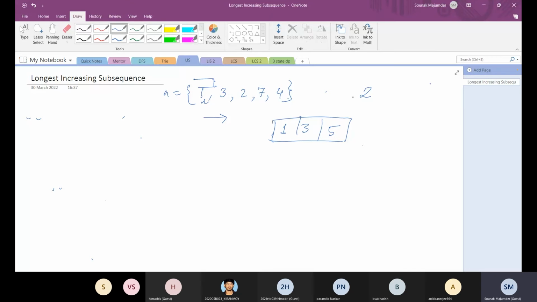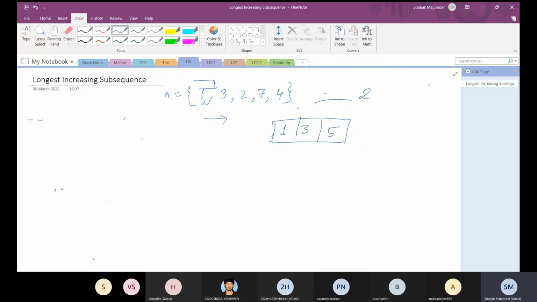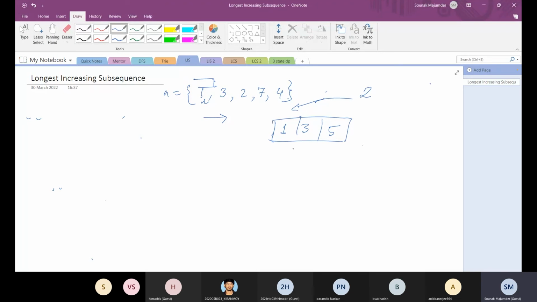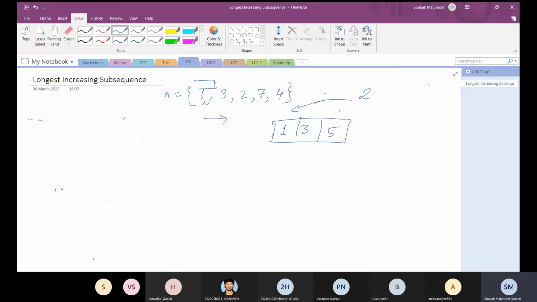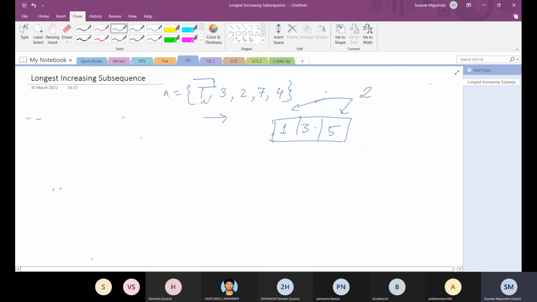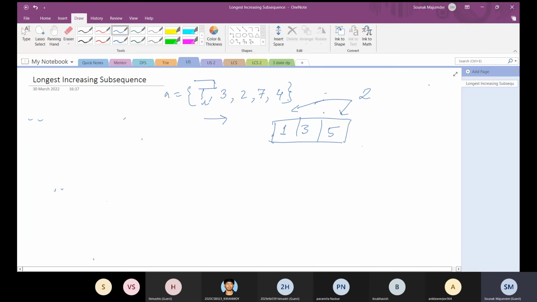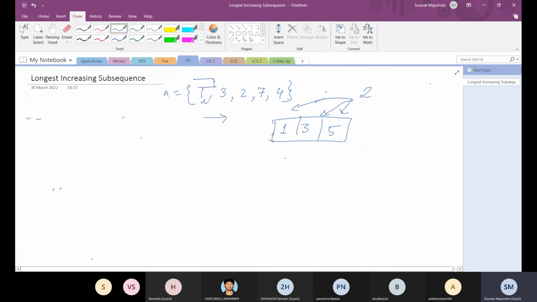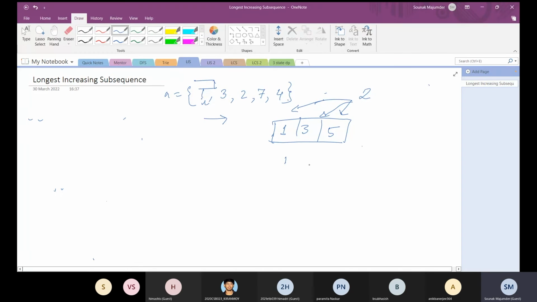If we put 2 at that position, then it becomes 2, 3, 5. It is also valid, but let's see some other options. We cannot put 2 at this position, obviously, then it does not remain a longest increasing subsequence. So if we put 2 at this position, it becomes 1, 2, and 5.